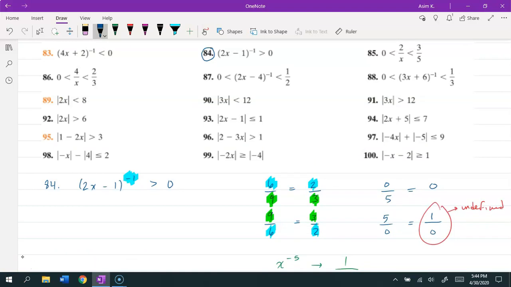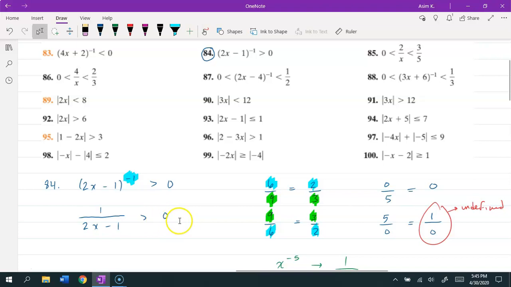So therefore, what we could say is 1 over 2x minus 1 is greater than 0. That's one conclusion that we can make. But realize we can't really flip this thing over necessarily.